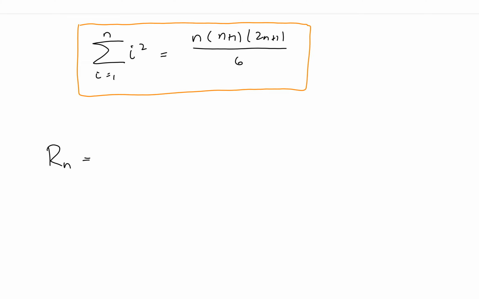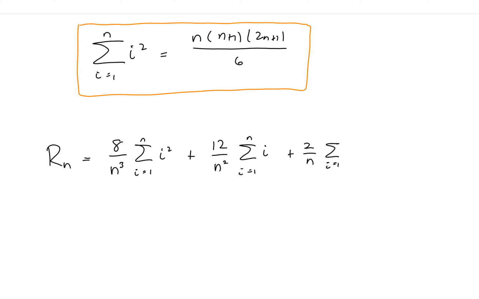So remember I had Rn was equal to 8 over n cubed times the summation from i equals 1 to n of i squared plus 12 over n squared summation from i equals 1 to n of i plus 2n times summation from i equals 1 to n of 1.